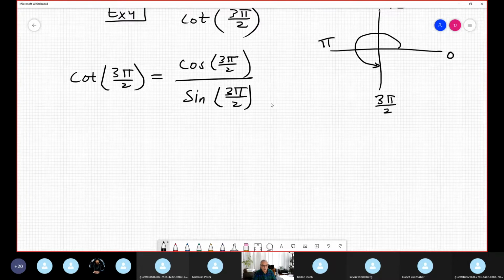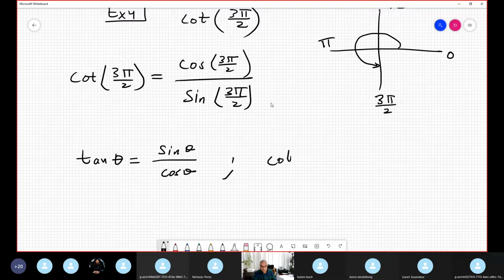Cotangent, tangent, identity. So tangent, any angle, is equal sine divided by cosine. And cotangent, any angle is reciprocal, que es cosine divided by sine. Super. So this is the thing that we're using in this example.